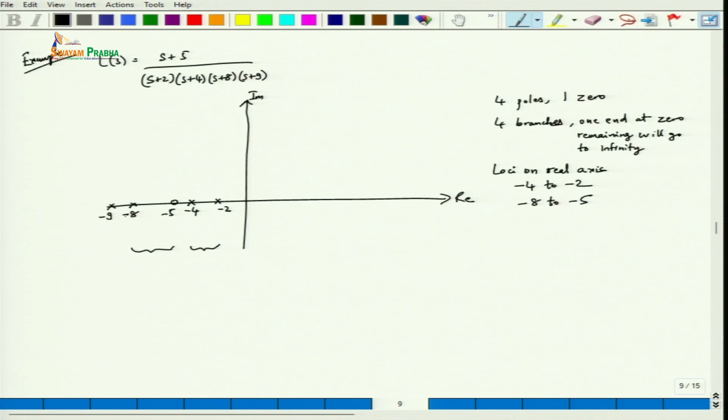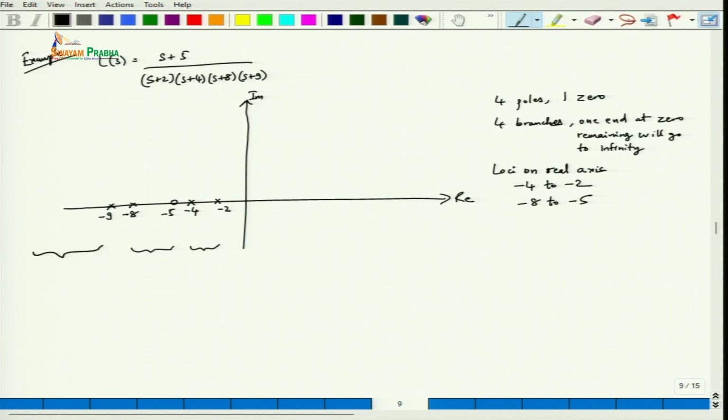Similarly, between -9 and -8, the number of poles and zeros combined is 4 on the right hand side, so that does not become a part of our root loci. And beyond -9, if we sum up the number of poles and zeros, they are 5, so an odd number.